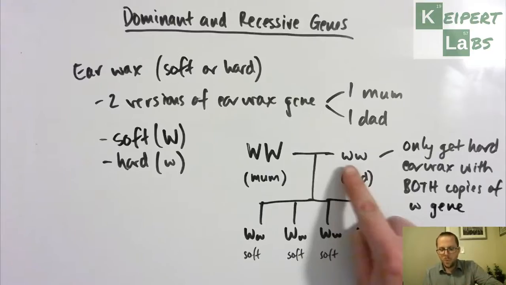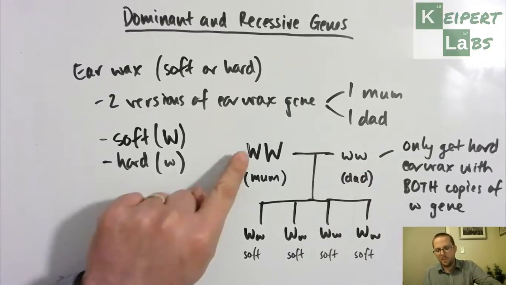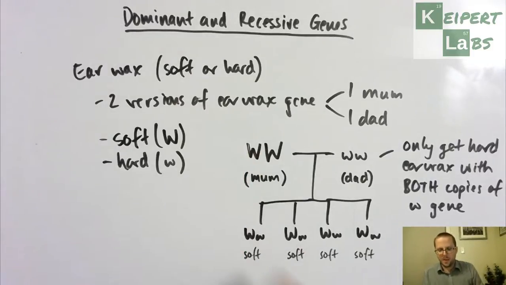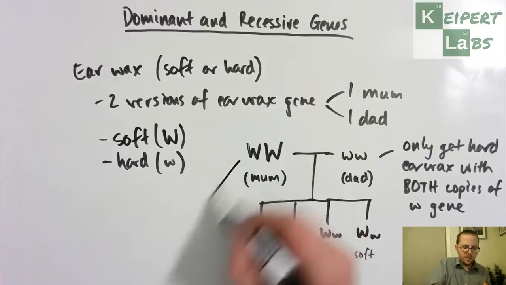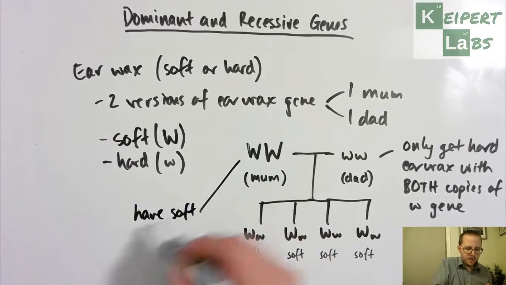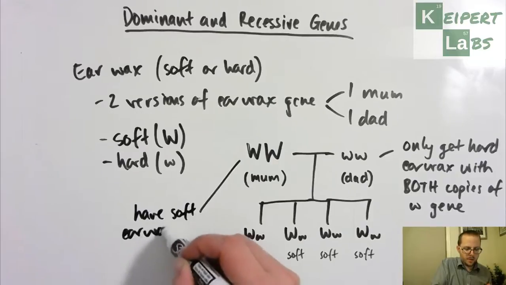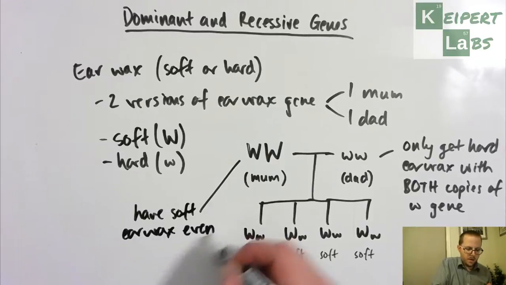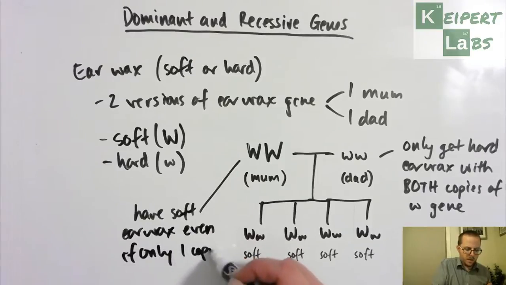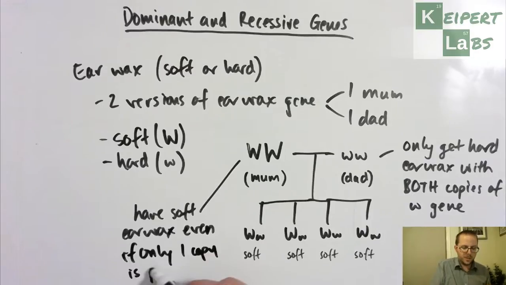But if we've only got one big W, so we could have two or we could have one, that means we have soft earwax, even if only one copy is present. So you could have two or you could have one. Either way, you will end up with soft earwax.